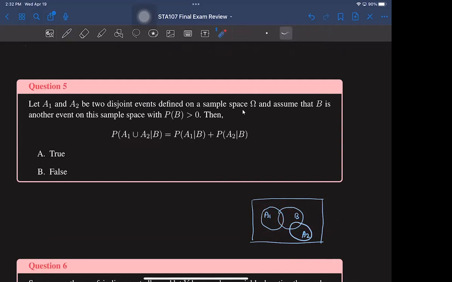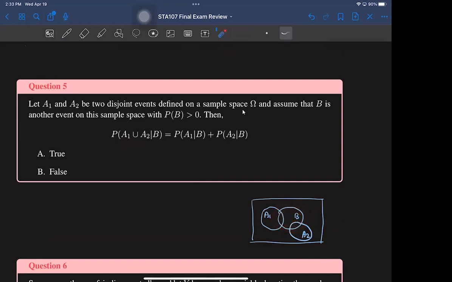First, we are interested in probability of A1 union A2 given B. Given B means that we restrict to this circle only. We are not interested in anything outside the circle B. So where is A1 union A2? It is this part and this part, right?